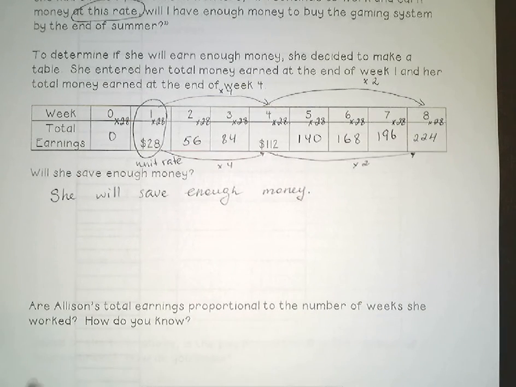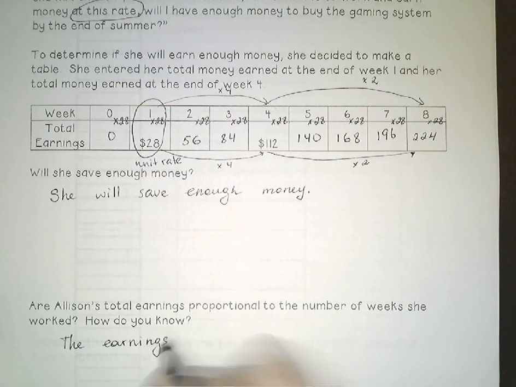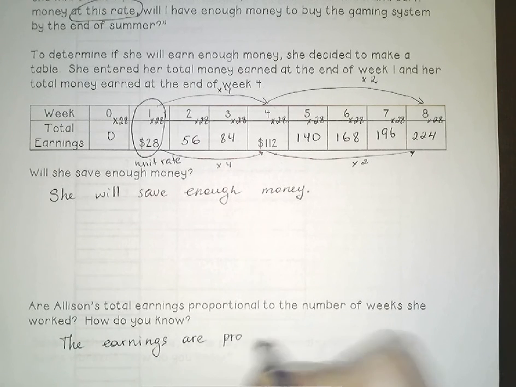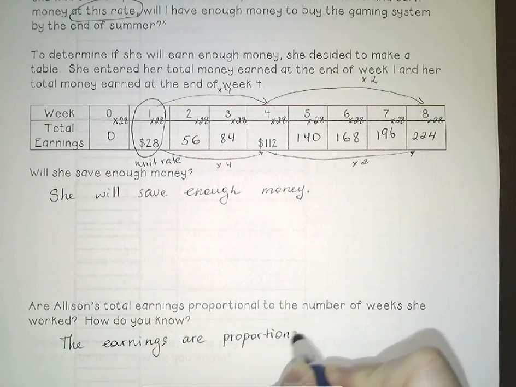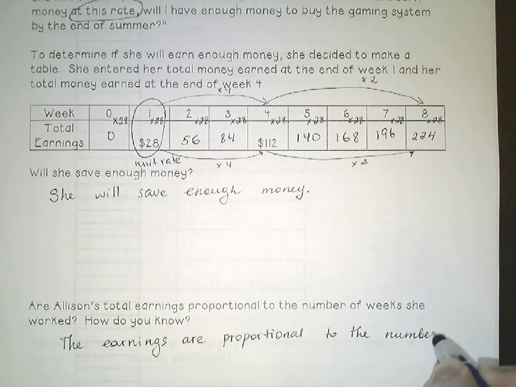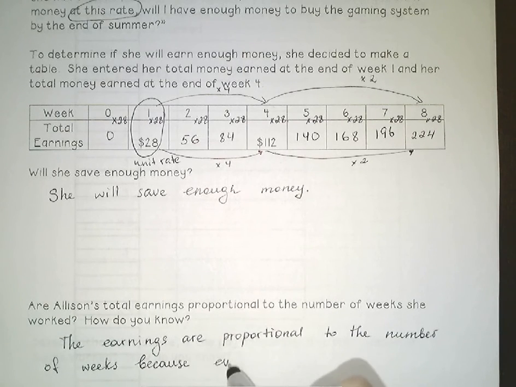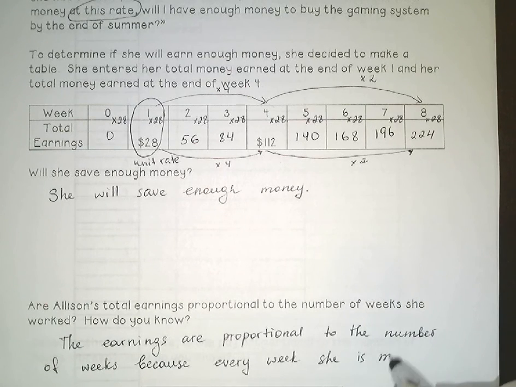Okay, so the earnings are proportional to the number of weeks because every week she is making $28. That will be enough for you to answer this question completely.